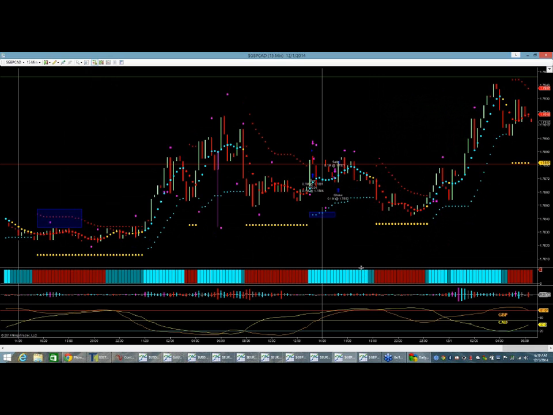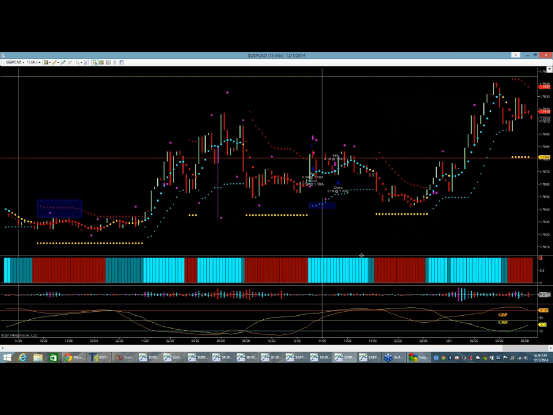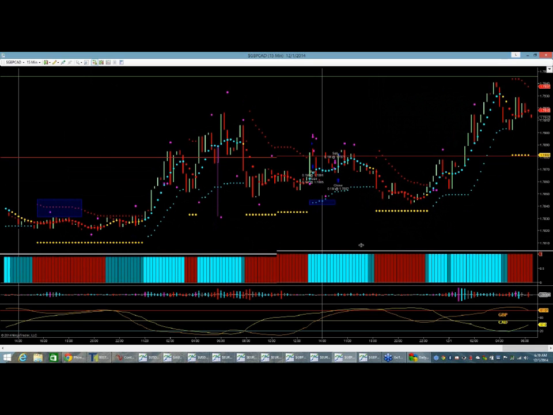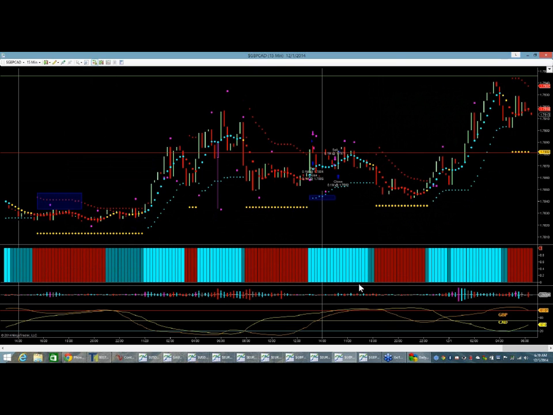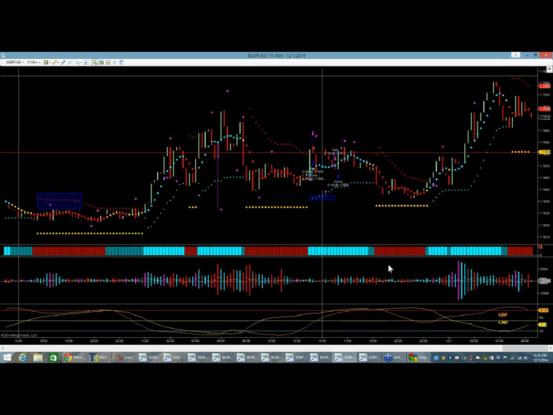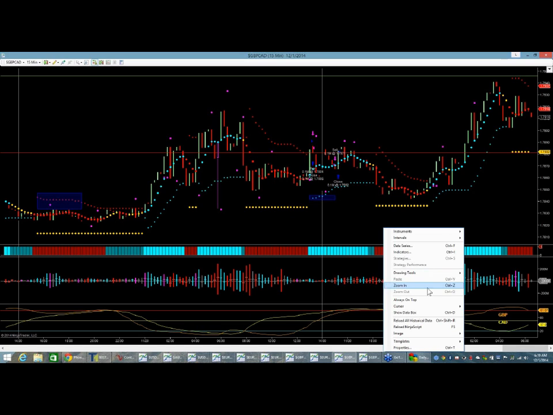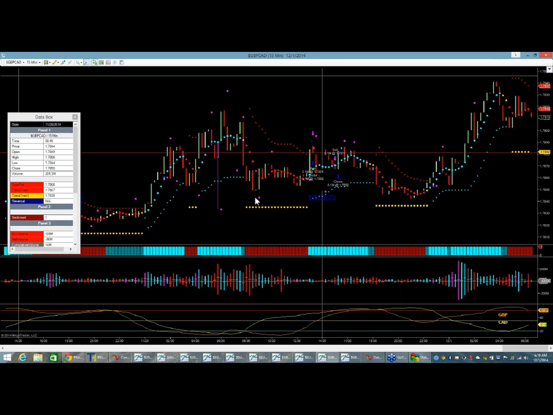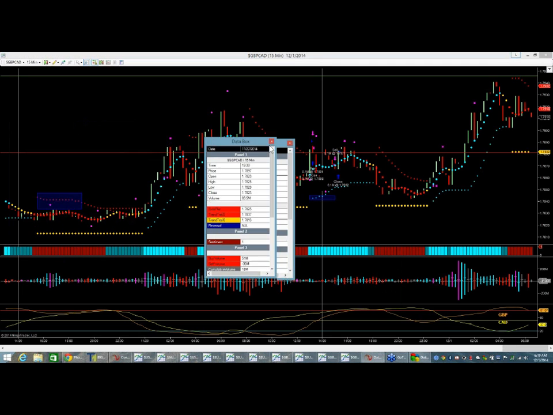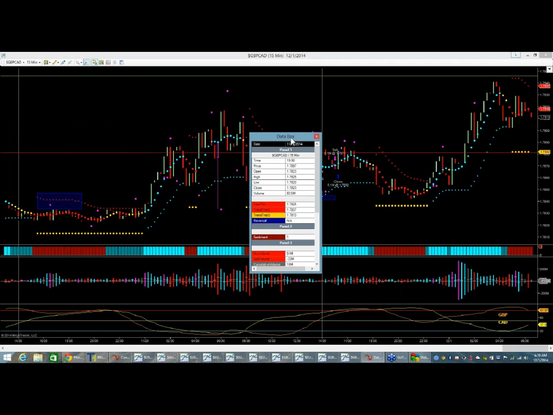Now, we have probably one of the best, if not the only, real volume indicator out there in the industry for the retail trader. I don't think anyone else has anything quite like what we have. Its importance is very important. Why? Because it tells you the story of volume, of what's actually happening.